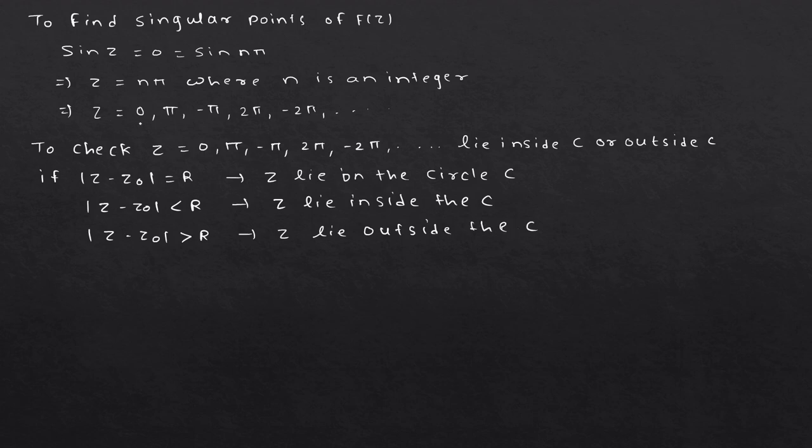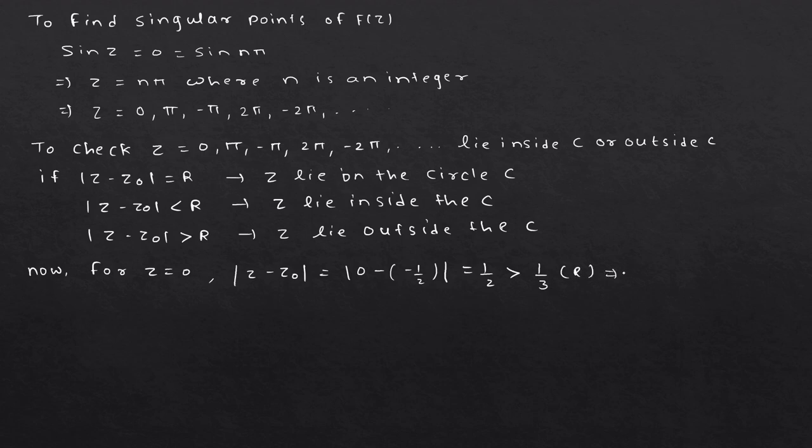Now here z takes the values 0, pi, minus pi, 2 pi, minus 2 pi, and the center z0 is minus 1 by 2. For z equals 0, modulus of z minus z0 is 0 minus of minus 1 by 2, which is 1 by 2, and that is greater than 1 by 3, the radius.